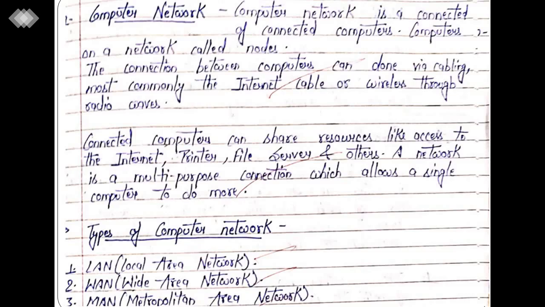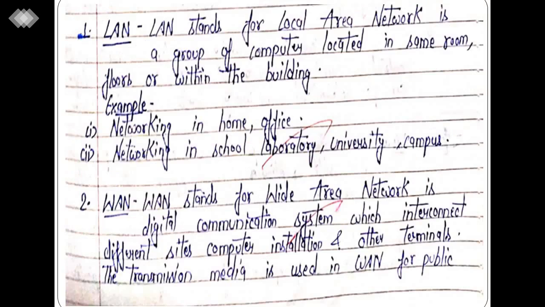That is local area network, wide area network, and metropolitan area network. So LAN stands for local area network. It is a group of computers located in the same room, floor or within a building. Some examples of LAN are networking in a home office, networking in a school laboratory, universities and campuses.